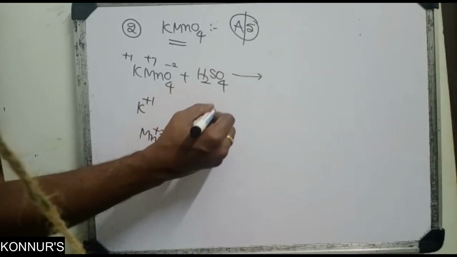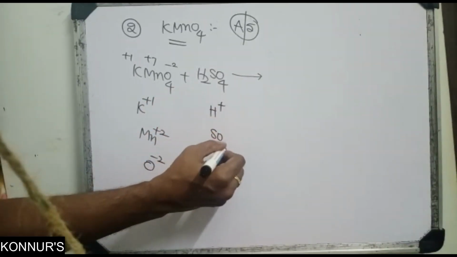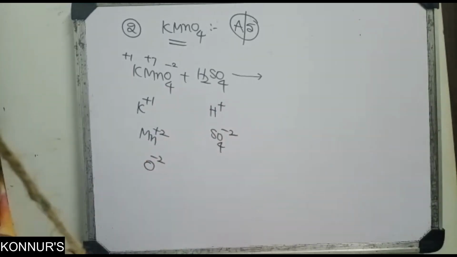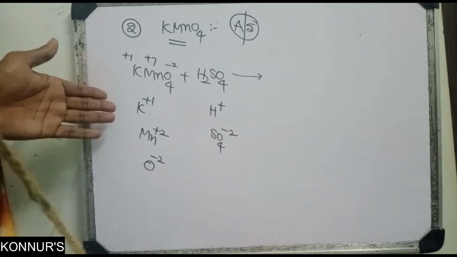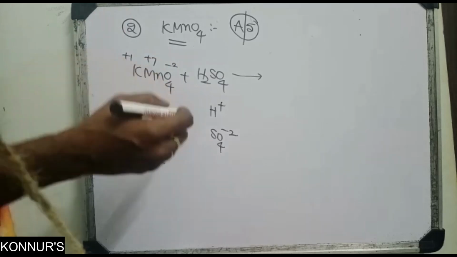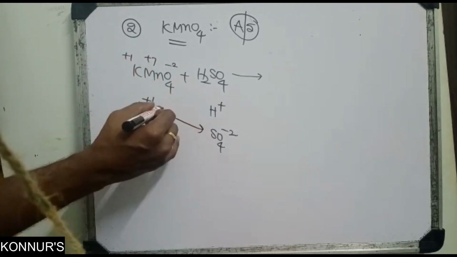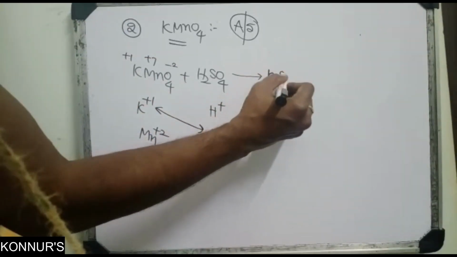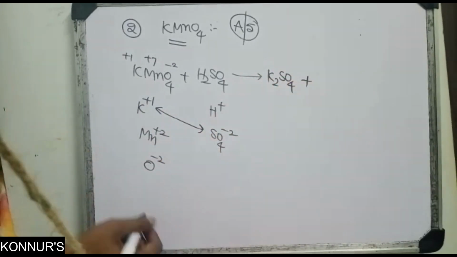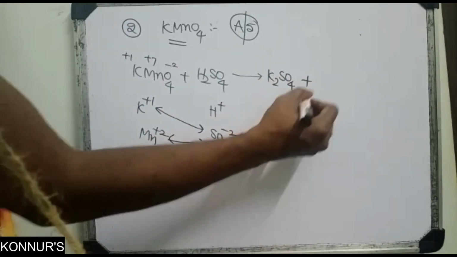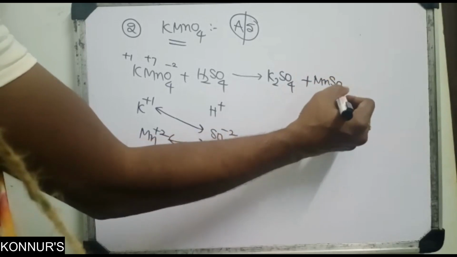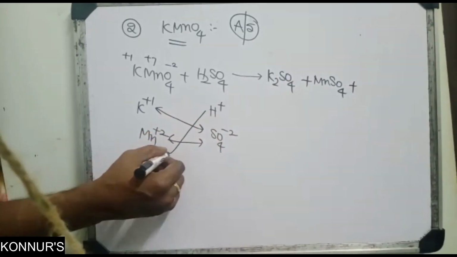Oxygen is minus 2. Here H plus 1. Here SO4 minus 2. So what does the reaction mean? The positive ions of one reactant react with the negative ions of another compound. So your compounds are K2SO4 plus MnSO4. Next H2O.